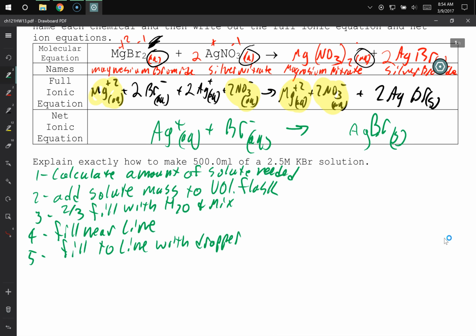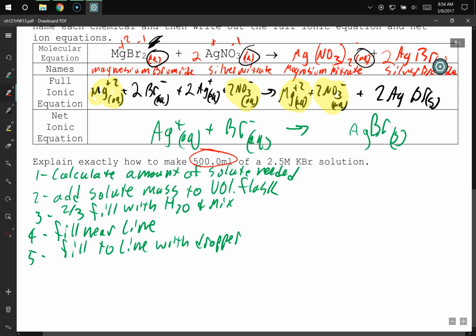So let's calculate how many grams of the potassium bromide I need. The piece of information that I have here is I've got this 500 milliliters of solution that I need.